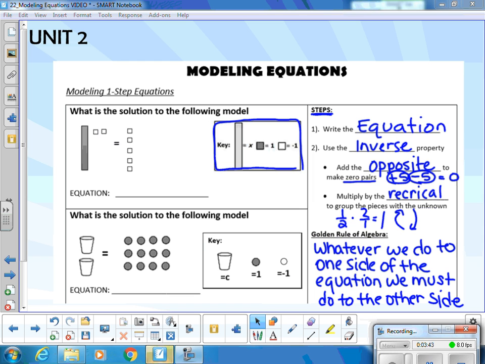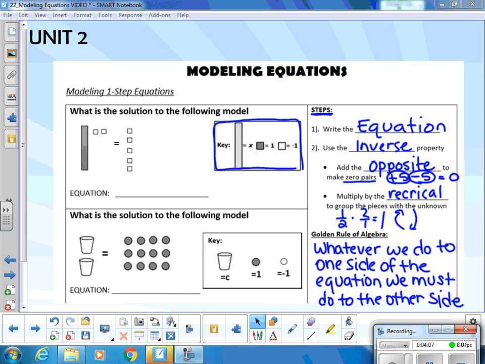So with equations, the fact that they're equal means we have to do the same thing on both sides to keep them equal. When we were doing the pan balance in class, where we were trying to figure out what each shape equaled, we had to do the same thing to get it level. So that's what we're going to be doing.